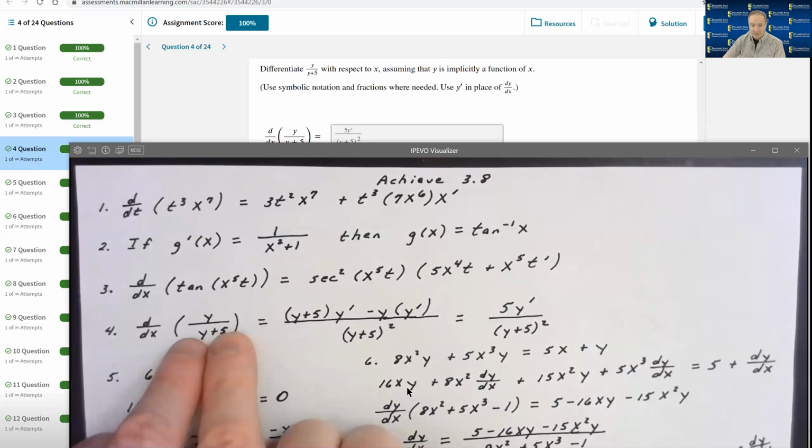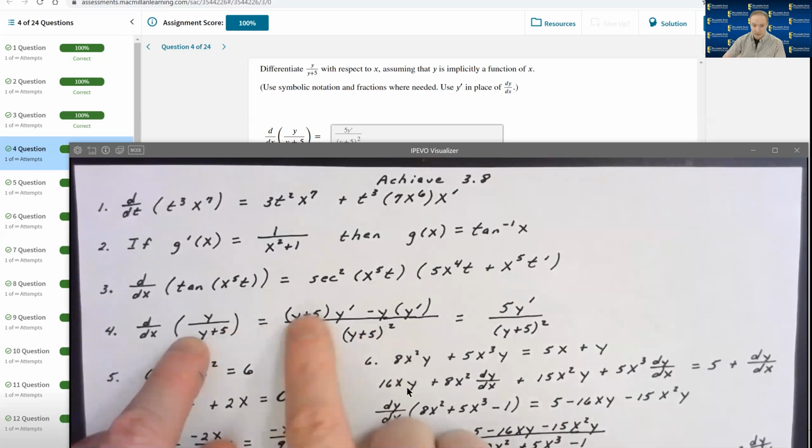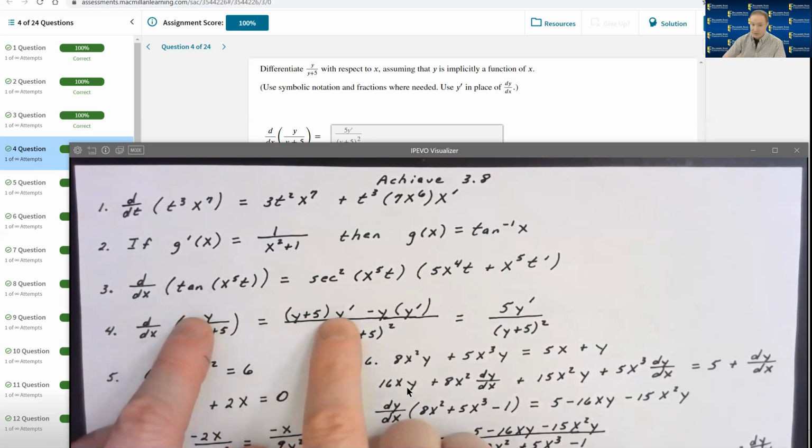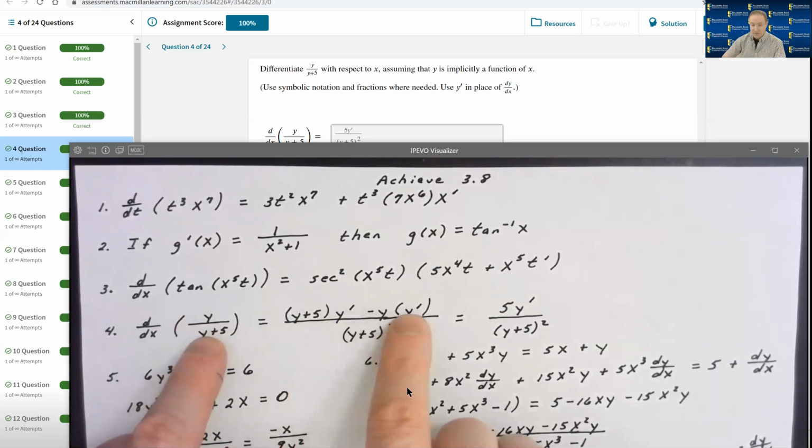So when I take its derivative, quotient rule says square the denominator. Bring the denominator up to the numerator times the derivative of the numerator. All I can do is y prime minus the numerator, y, times the derivative of the denominator. And again, it's just going to be y prime, and derivative of 5, of course, is 0.